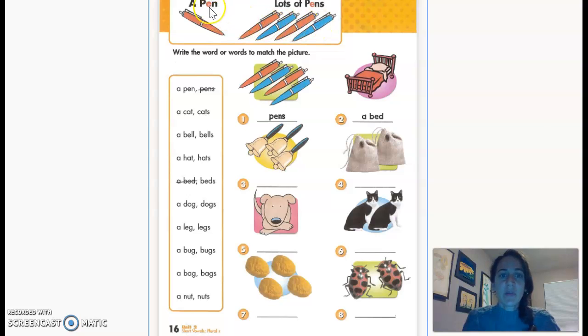So here I have my word pen. Here's pens. What's different? Yes, this one has an S at the end because there's more than one. Que aquí tiene un S al final que indica que hay más de uno. There's more than one.